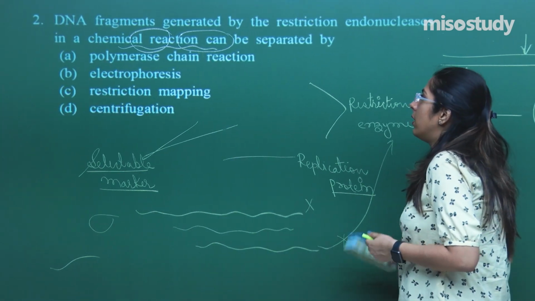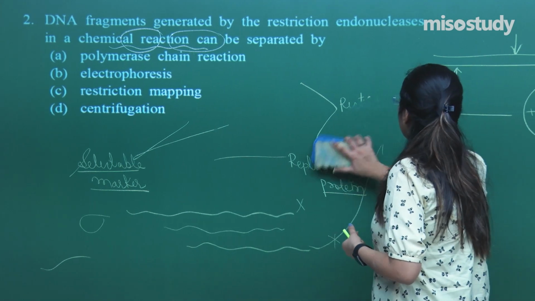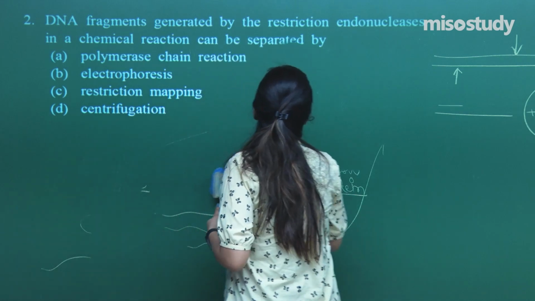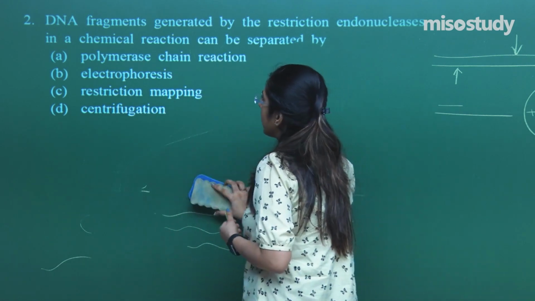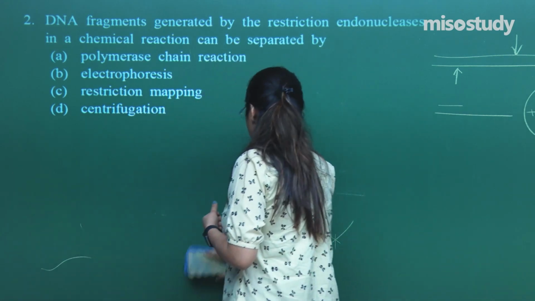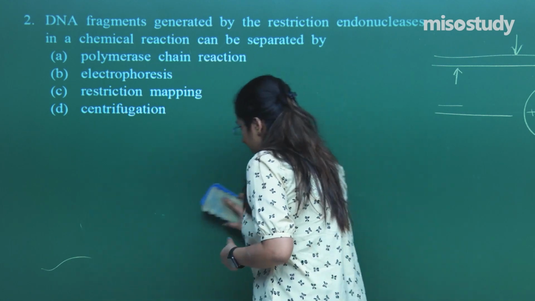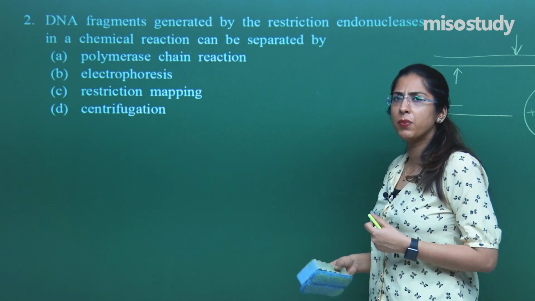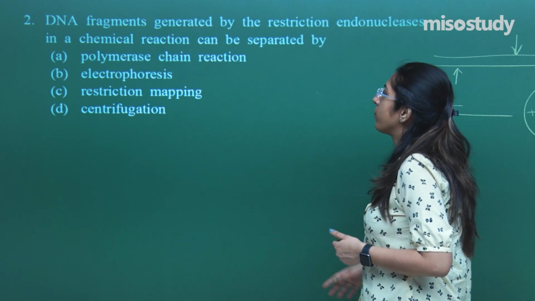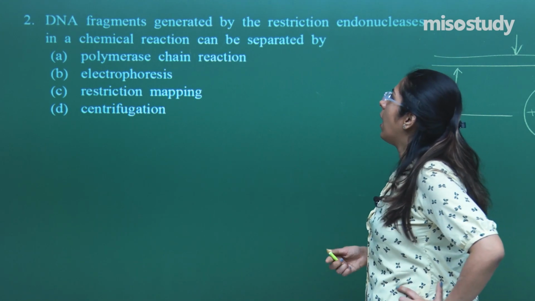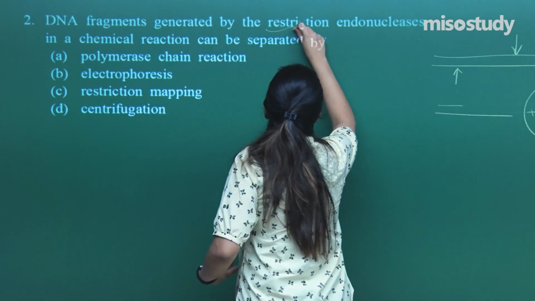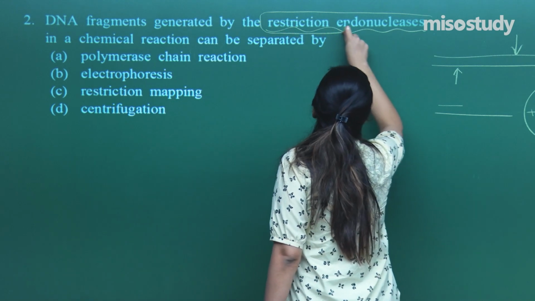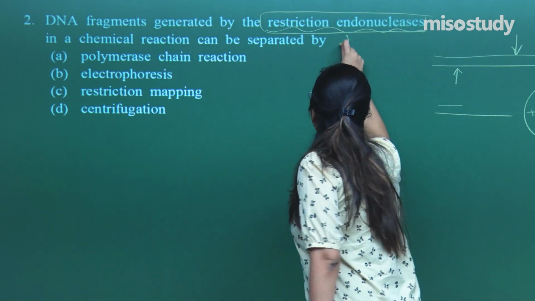Now, let's talk about the next question, question number 2. DNA fragments generated by restriction endonuclease in a chemical reaction can be separated by. Very easy question, one of the questions which was asked in a previous year NEET exam. So, we have DNA fragments which are produced by restriction endonucleases. Restriction endonucleases are those enzymes which produce a specific cut.